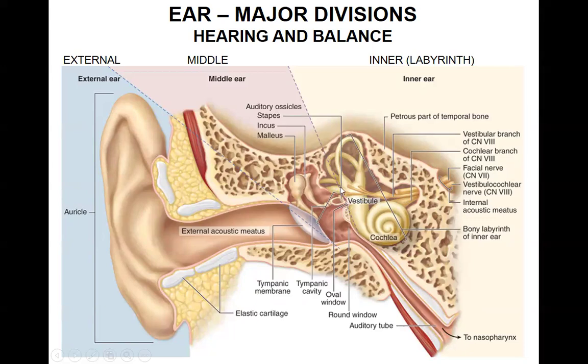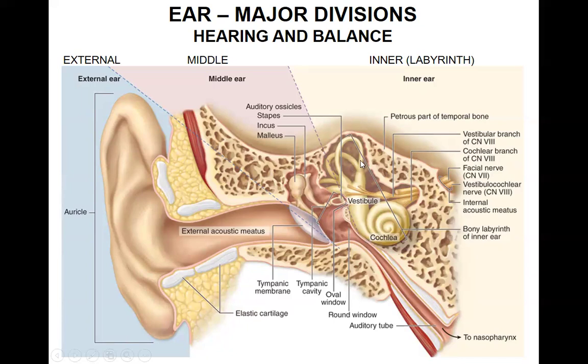This is because the inner ear has two functions. It senses the equilibrium and the motion, and the cochlea is the auditory part that senses the vibration caused by the sound.